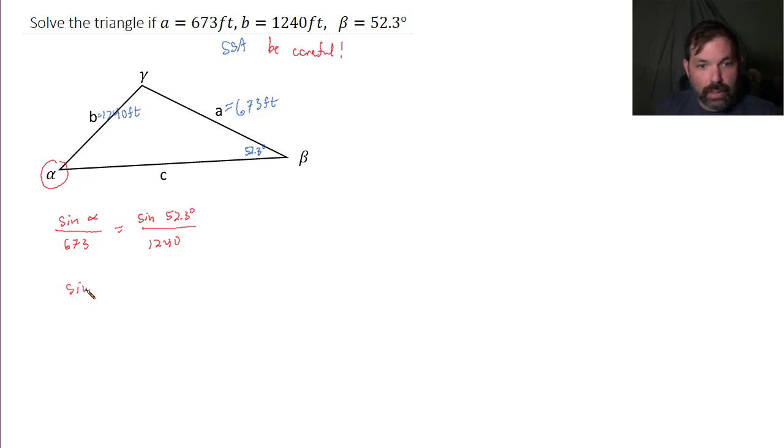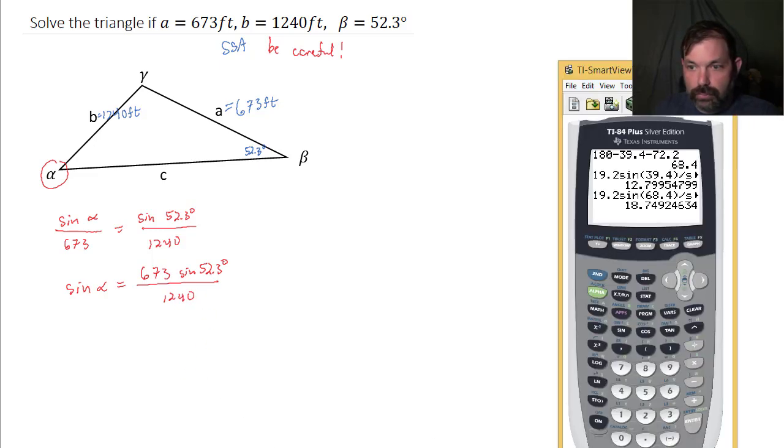Then the sine of alpha is 673 sine 52.3 degrees over 1,240. All right, let's calculate that. So then sine alpha is 673 sine 52.3 degrees, divide that by 1,240.